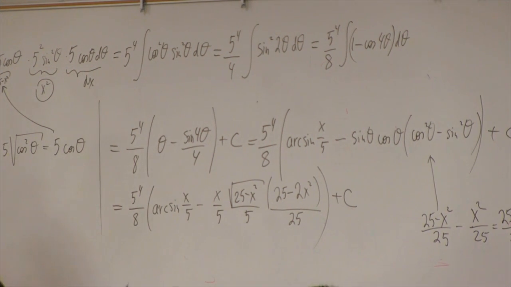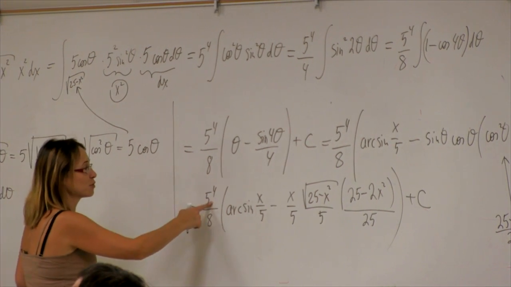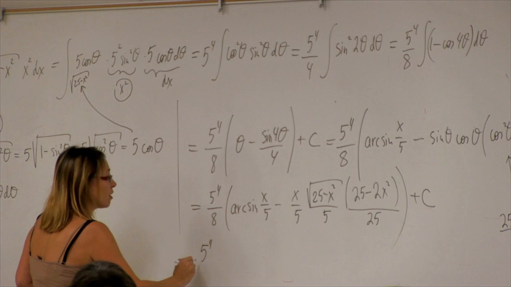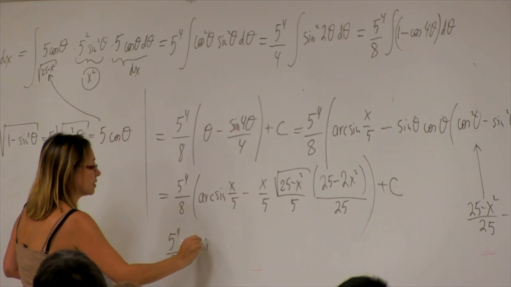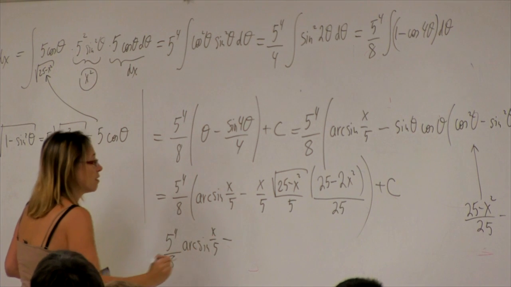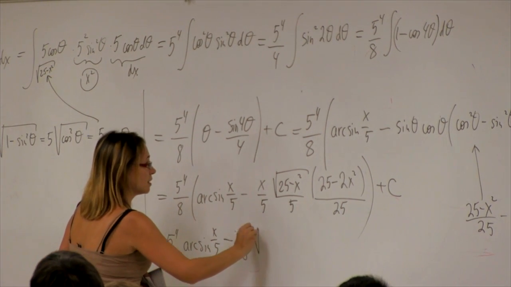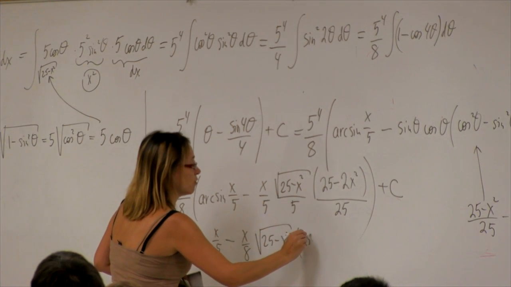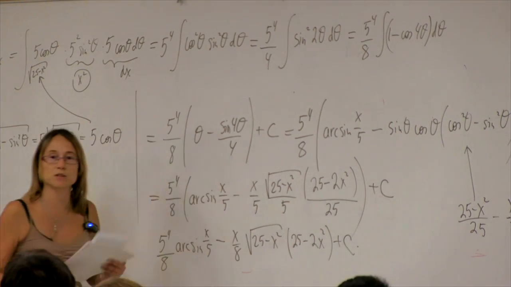Well, I can potentially simplify a little bit more. This is 5 to the 4, and this is 5 to the 4. So I have 5 to the 4 over 8 arcsine of x over 5 minus x over 8, 25 minus x squared, 25 minus 2x squared plus c. So this is the final answer.